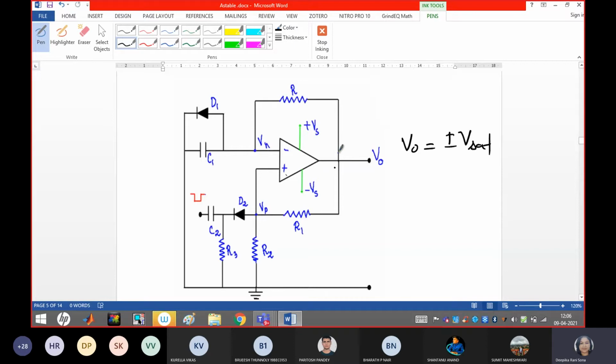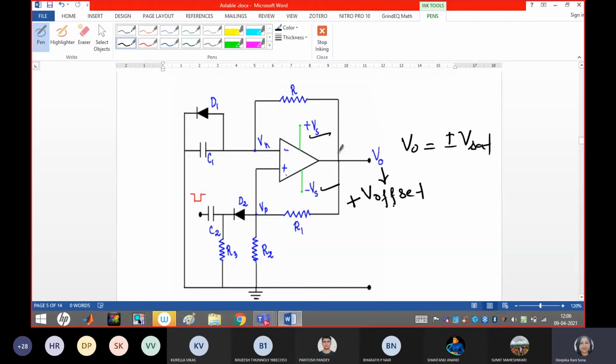By default, by applying the supply voltages, if you remember the basic characteristic of the op-amp, if there is some error we get the offset voltage. Now let's consider that this offset voltage is positive. In the initial condition, this offset voltage will be applicable here.